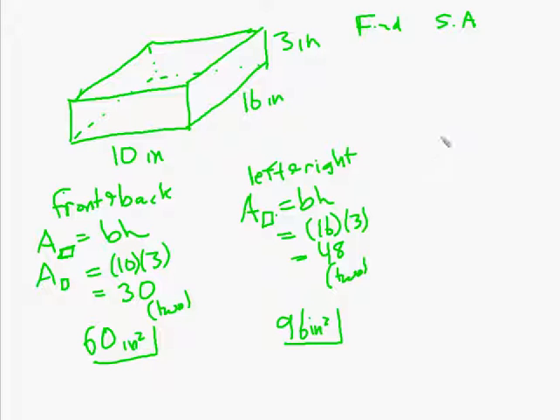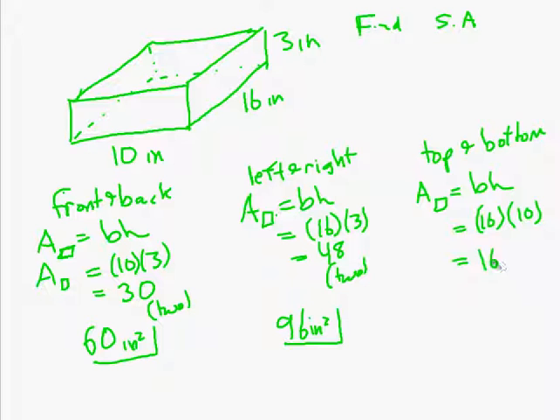And then we have one more, top and bottom. And those are also boxes, but what are their dimensions? They're different. 16 and 10. So that's 160. And I have 2 of them, right? So that is going to be 320.